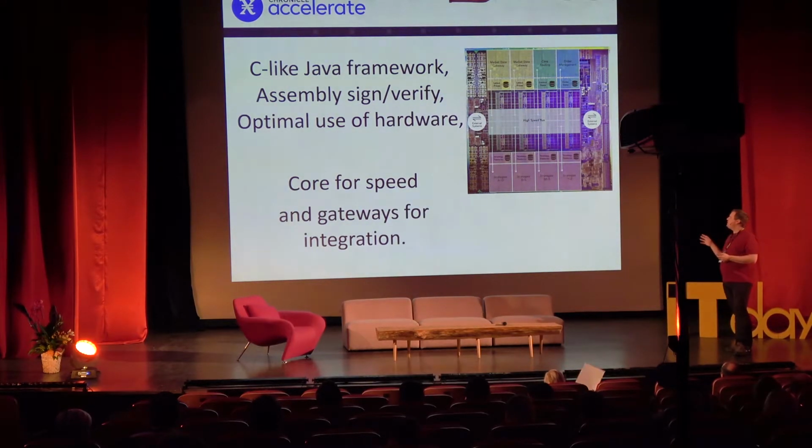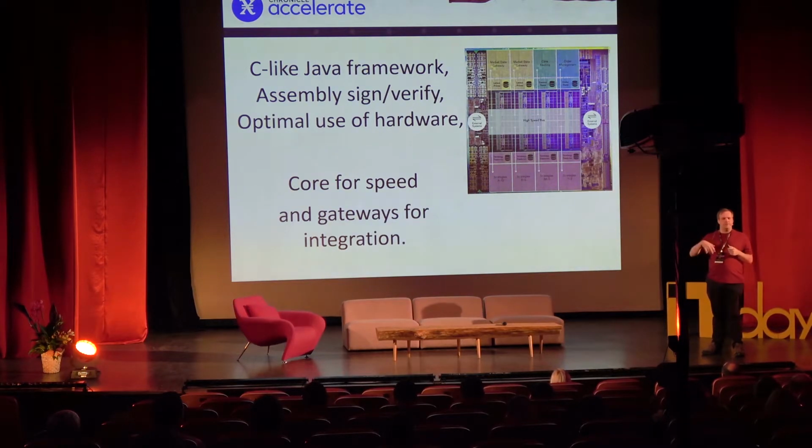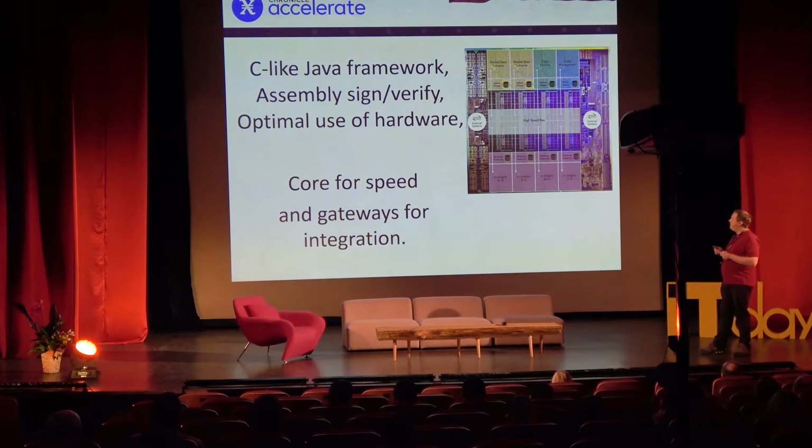We focus very much on having a C-like Java framework, and with the C-like Java framework we have the advantage of getting very high performance out of our systems without necessarily making it harder to code in. So you can code in a more natural Java-like environment without having to get down to the very low level.